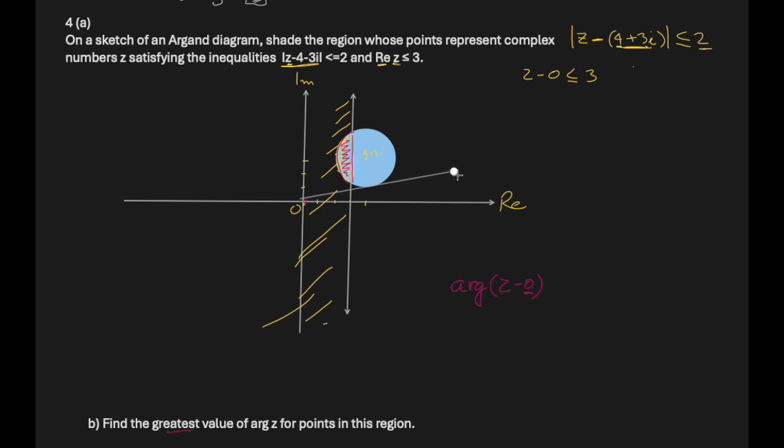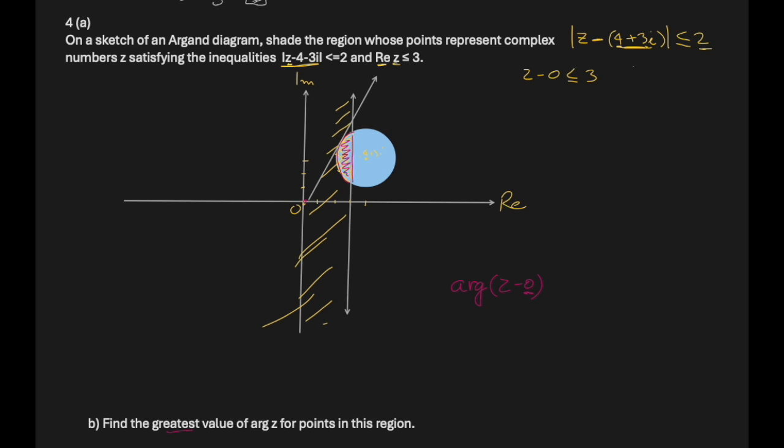So the gradient here, look at this. Gradient is this small angle. So this is not greatest. And I will pass through the circle and this shaded area. This is the smallest where it is touching that shaded area, right? Now we'll keep on increasing it, and here it gives us the greatest angle in the shaded area.